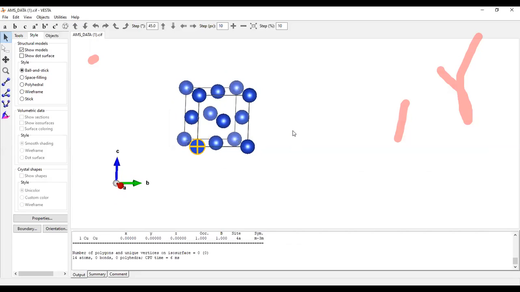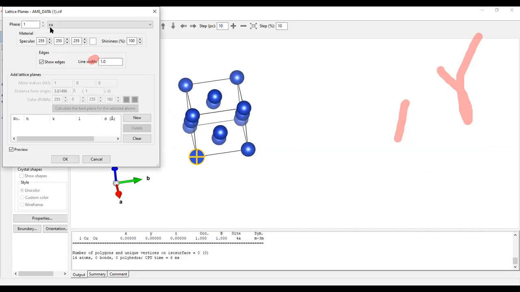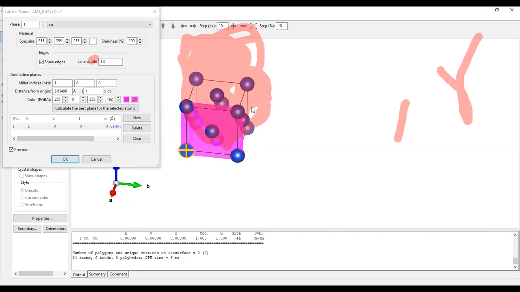Okay, so now this is our face centered cube. Let's draw some planes. So this is lattice planes. So new. Okay, you can see 100, right? So this is your 100. Clear?